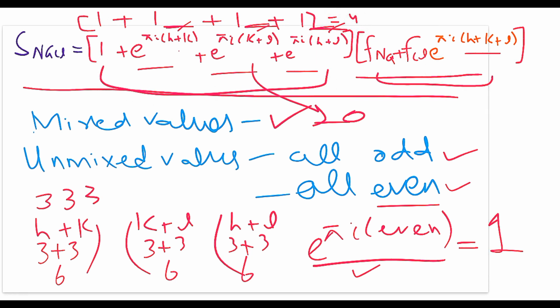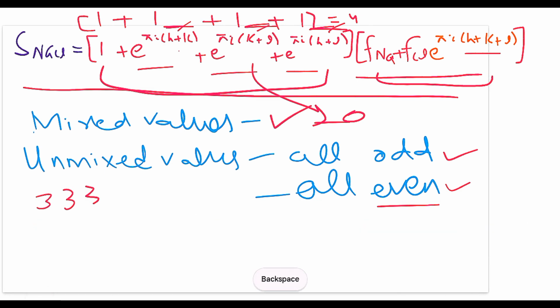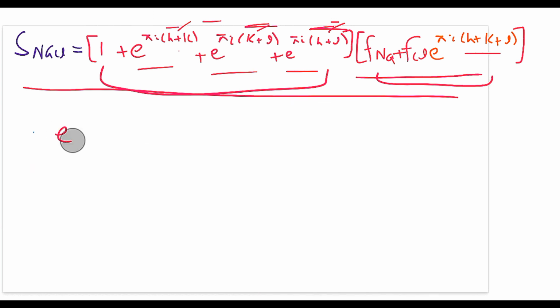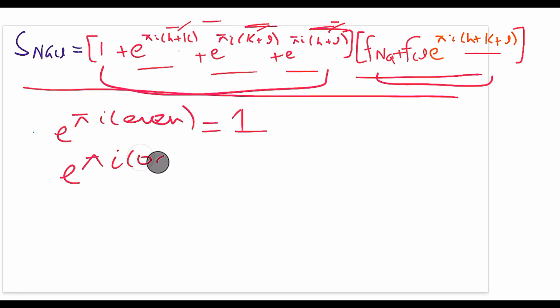Let me do this in a neat form so that you are not confused at all. We can write here that if we have e to the power 2 pi iota times an even number, that would be equal to 1, and if we have 2 pi iota times an odd number, that would be equal to negative 1.